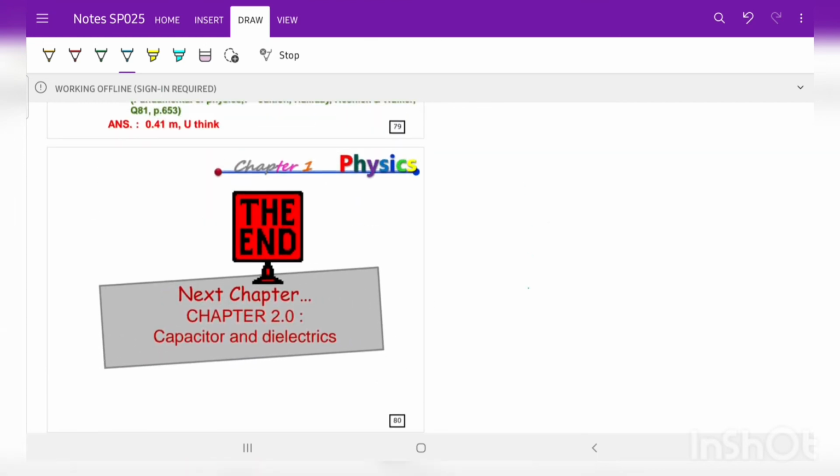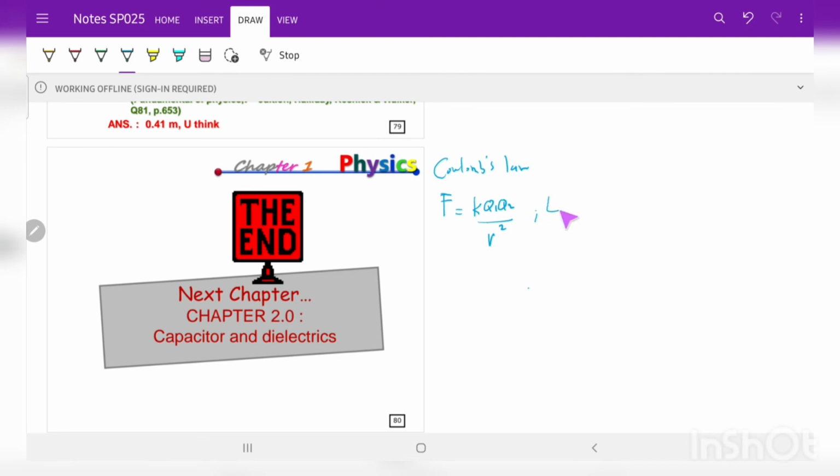The end. Let's recap in terms of formulas. First we learned about Coulomb's law. It says that the Coulomb attractive force, the electrostatic force, is directly proportional to the product of the two charges and inversely proportional to the square of the distance between them.